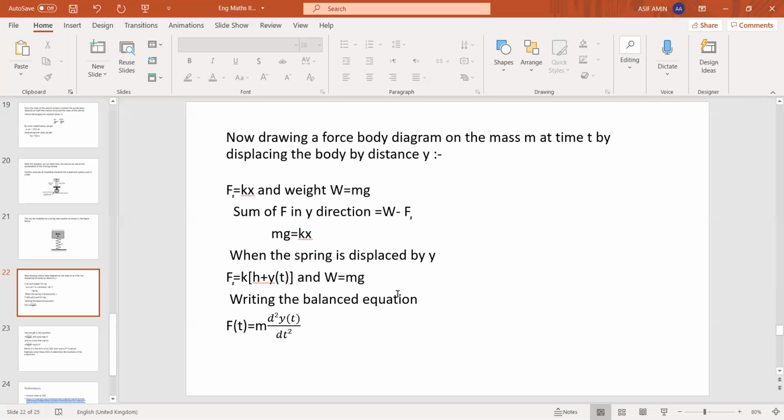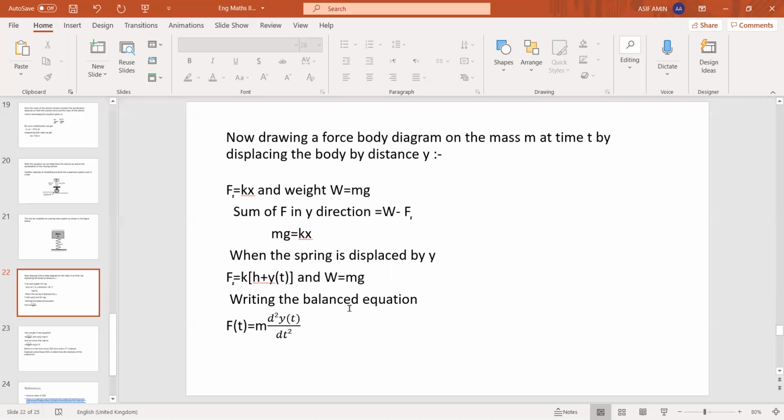And when the spring is displaced by a distance of y, it is given by k times (h plus y(t)), since at time t it was displaced, and the weight is given by mg.